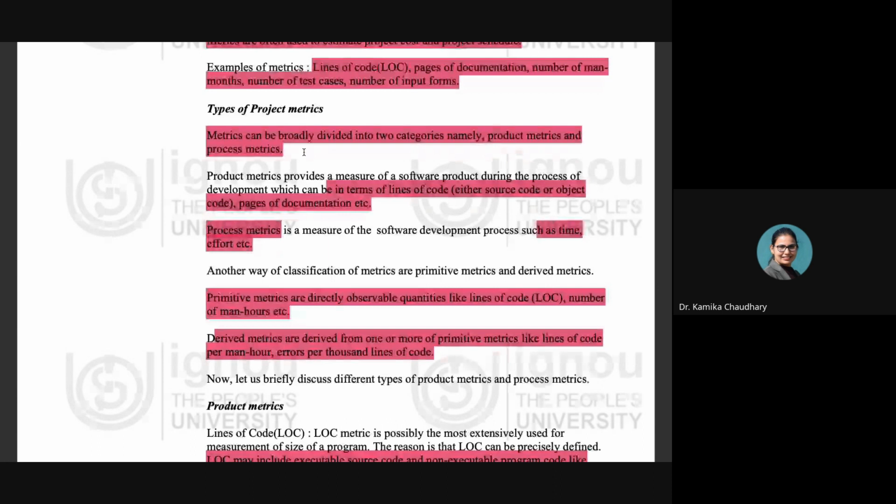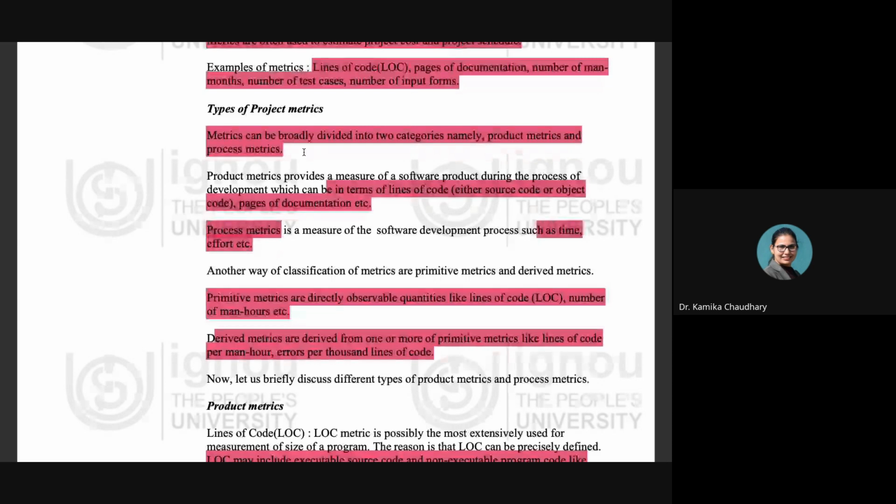Now we have also classified our metrics into two more types. One is the primitive metric and another one is the derived metric. Generally, the two metrics that we make use of are the product metric and the process metric. Another way of classification is primitive metric and derived metric. Primitive metrics are directly observable quantities like lines of code and number of man-hours.